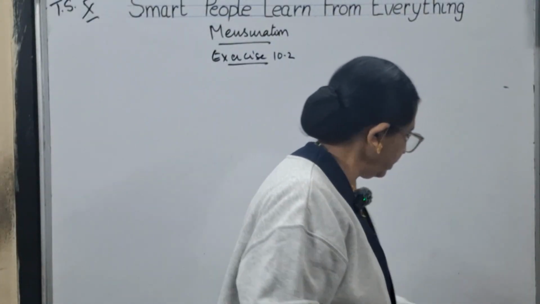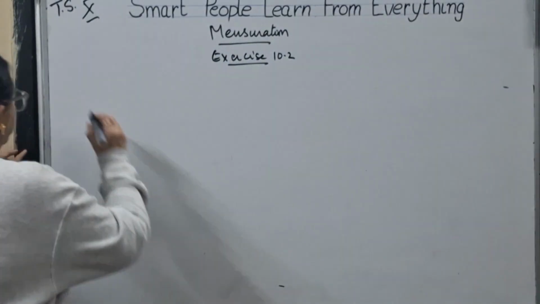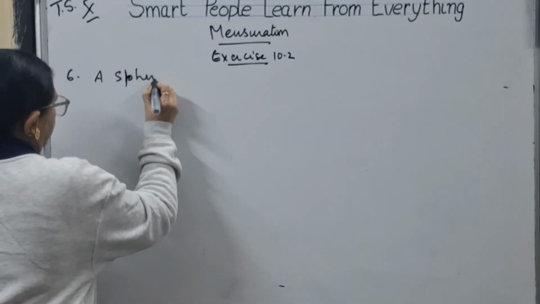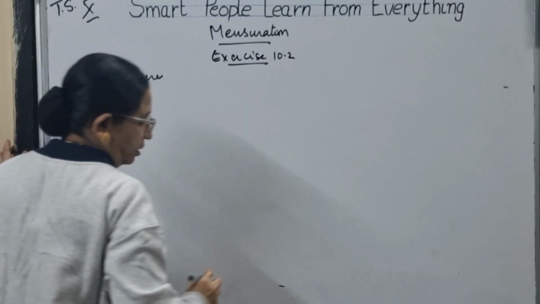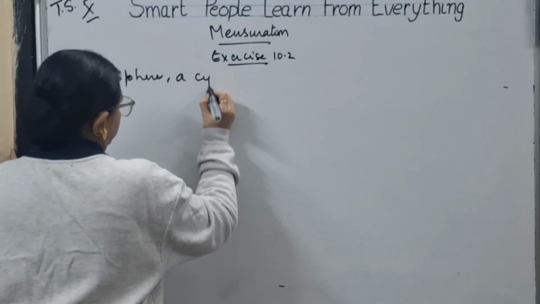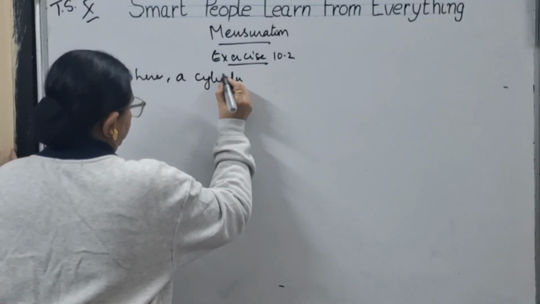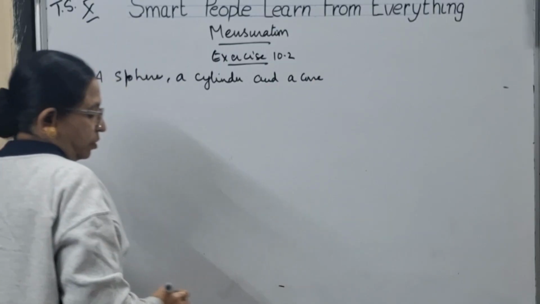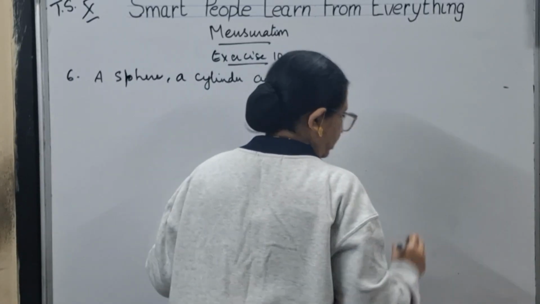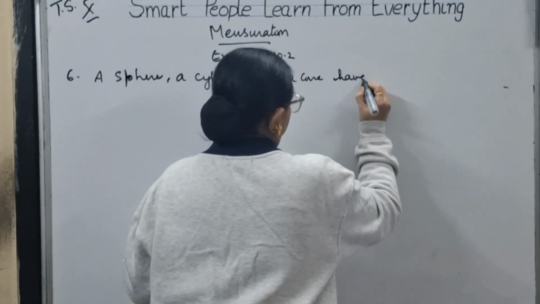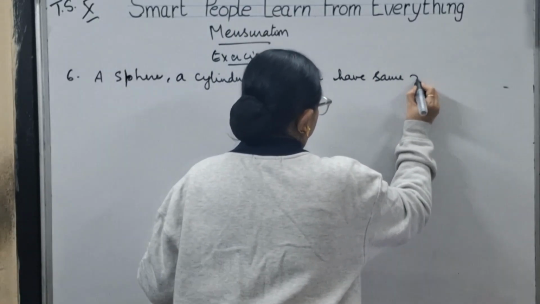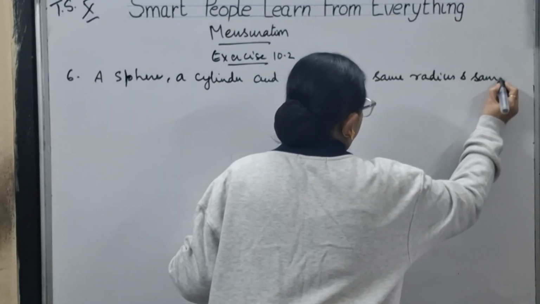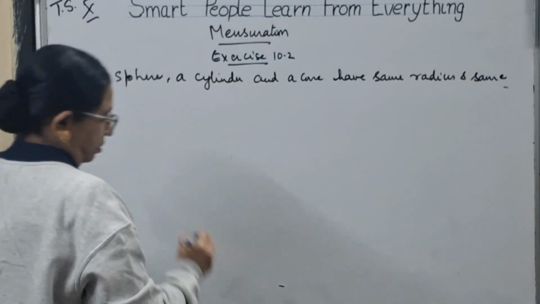Now, sixth problem, children. What does the sixth problem say? A sphere and a cylinder and a cone have the same radius and the same height.